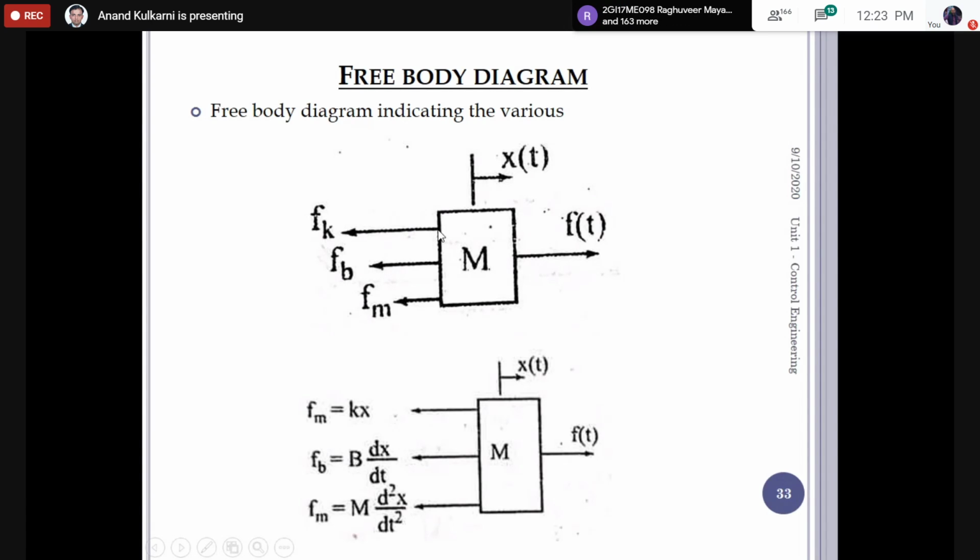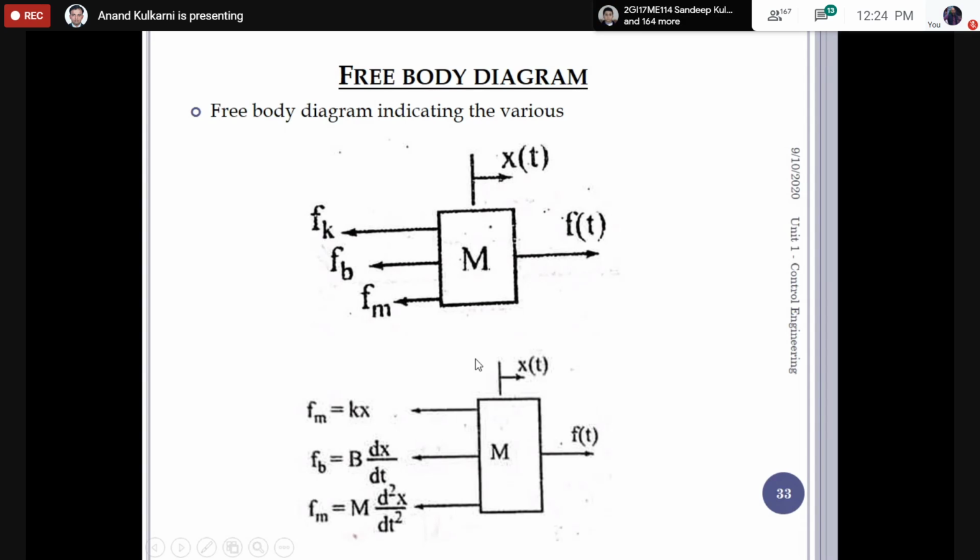The spring force is also trying to pull it back, so it is on the left, Fk. The equations of the spring force, damper force and inertia force are written here. Spring force is k into x. Damping force is b into dx by dt, or b into v. The inertia force is m into acceleration, that is d square x by dt square. As I want the output x here, I have written all the equations in terms of x.